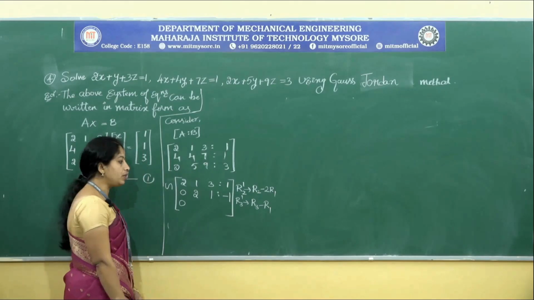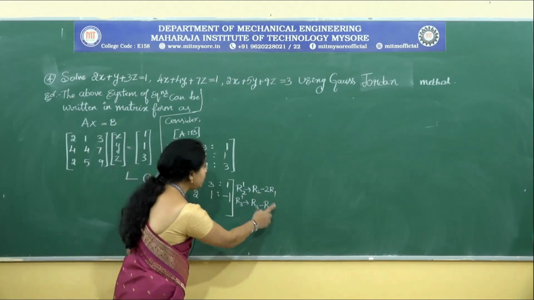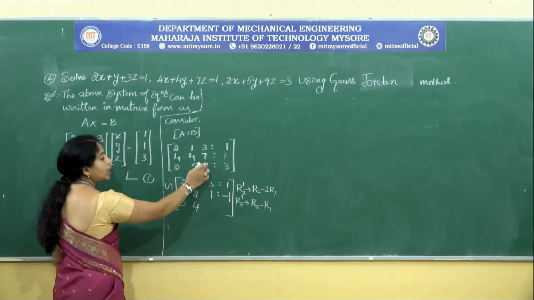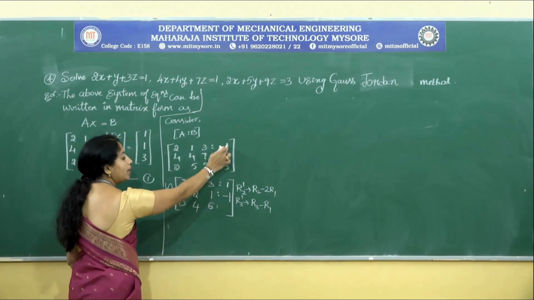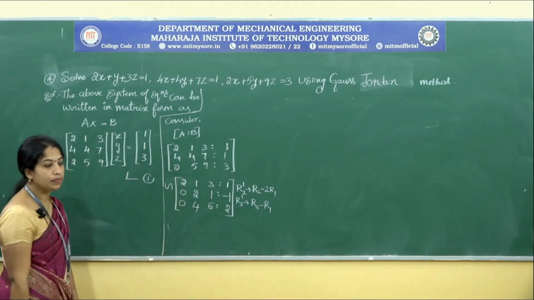See the third row operation, R3 dash is R3 minus R1, 5 minus 1 is 4, 9 minus 3 is 6, again 3 minus 1 is equal to 2.